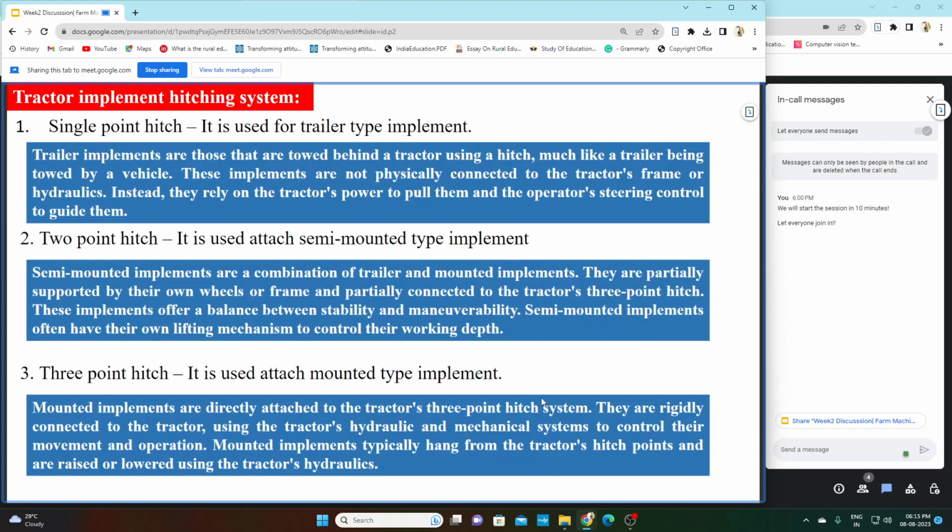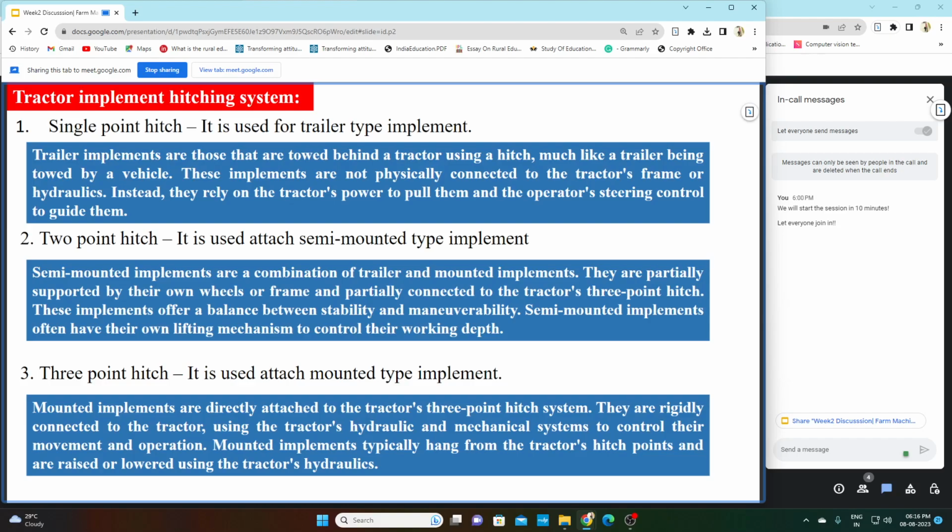The third implement is mounted type implement. A mounted type implement is connected to the tractor by all the three hitch points, that is one top link and two lower links. They are rigidly connected to the tractor, using tractor hydraulic and mechanical systems to control their movement and operation. Mounted implements typically hang from the tractor's hitch point and are raised or lowered using the tractor hydraulics.